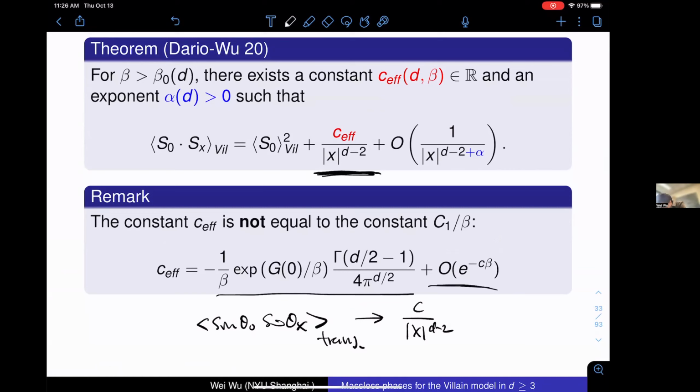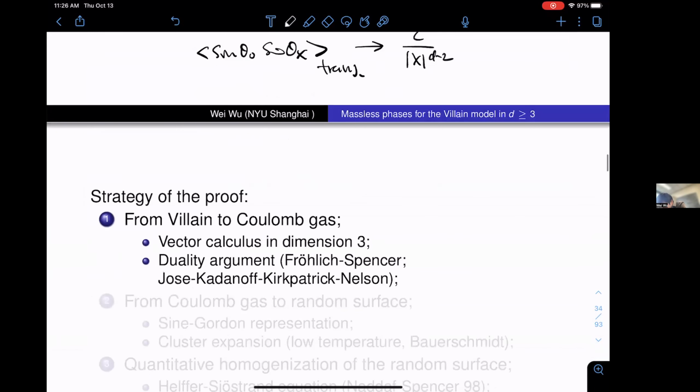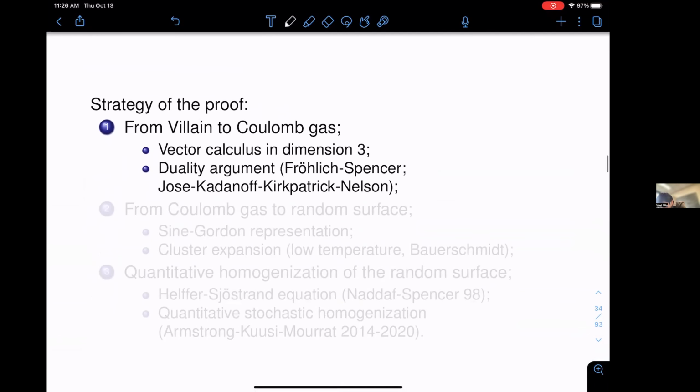Right. Okay. So maybe I will spend some time talking a little bit about the proof. I guess the audience comes more from a mathematical physics background, so maybe I will be more sketchy in some parts than others, because a lot of the audience knows these parts very well.